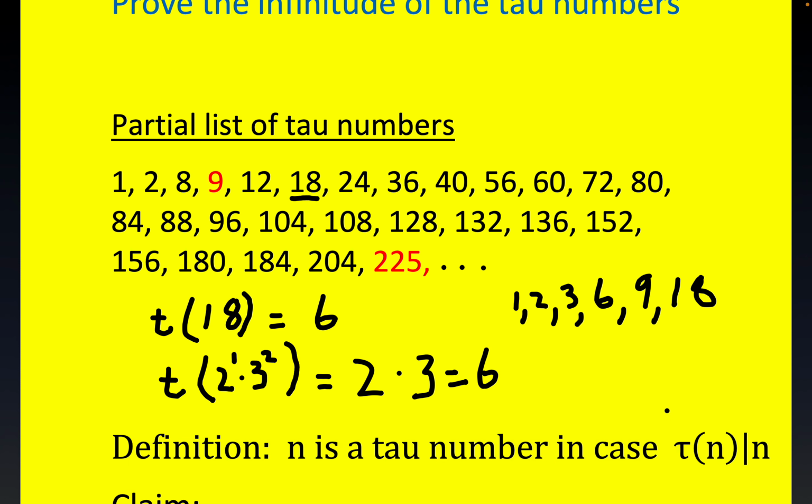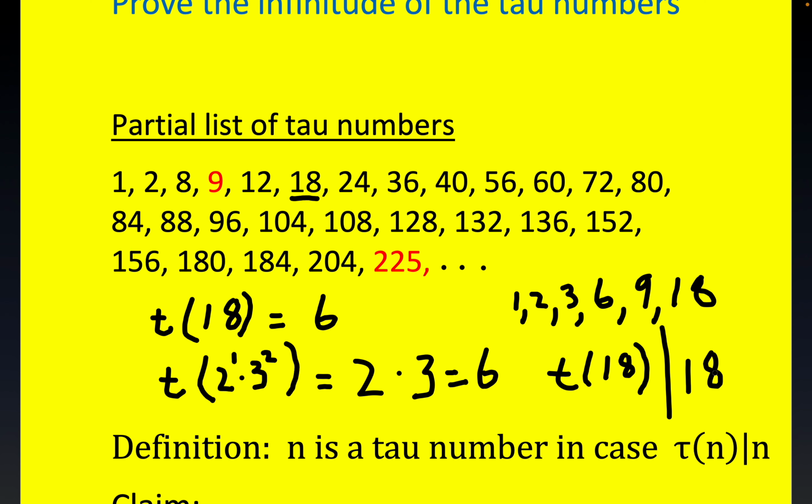Well, we can see clearly that tau of 18 is a divisor of 18, and we'll use this vertical bar notation. Tau of 18 divides n. That's clear. 6 divides 18, no doubt about that.